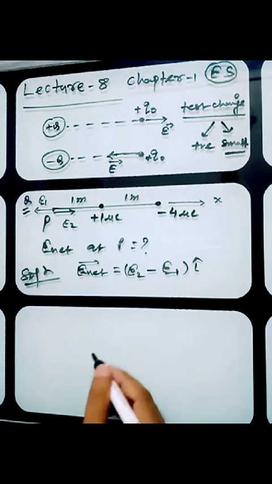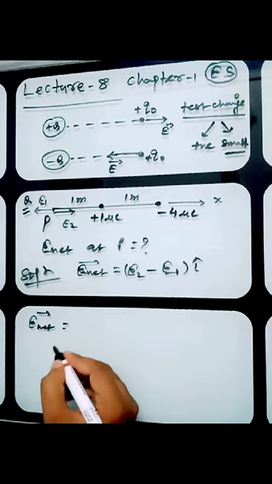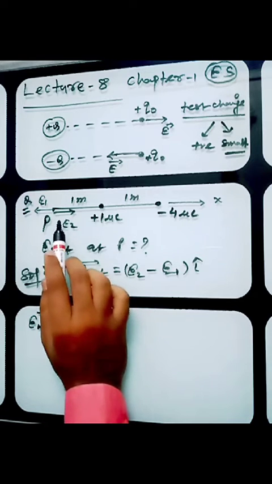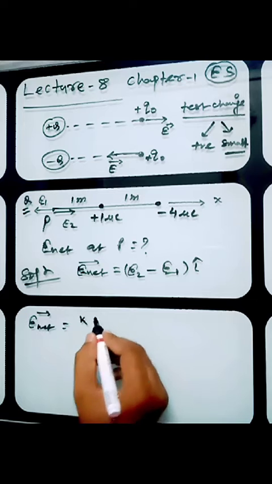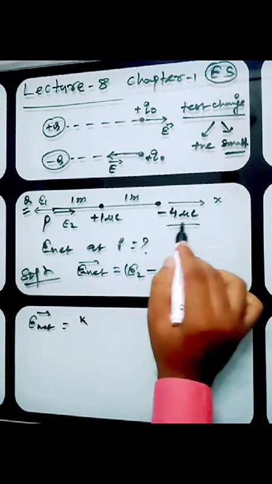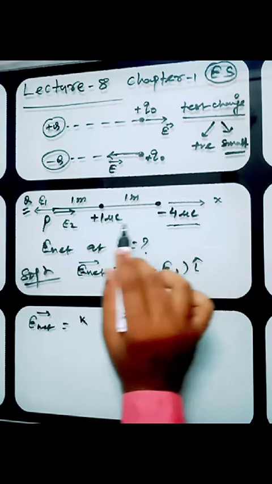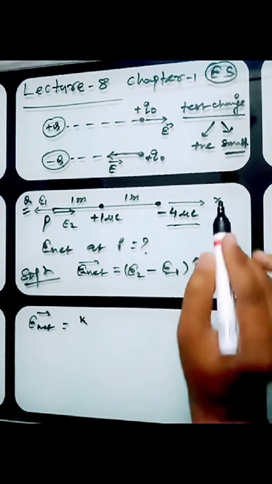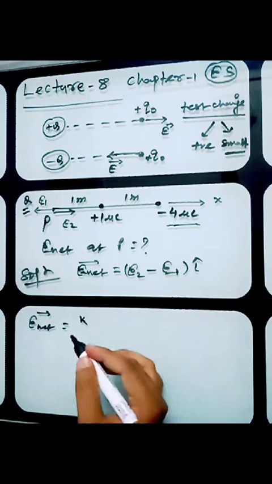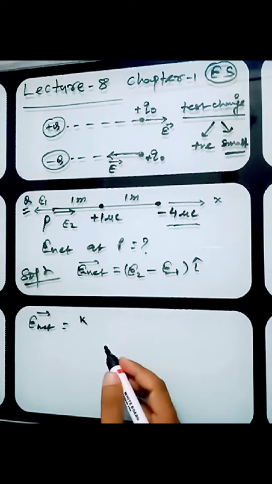Now you can find E2, which was due to the negative charge. So K Q, again you have to take only the magnitude, not the nature. Remember students, as in force, we do not take the nature because nature only gives the direction, and we have already taken the direction. So always use only the magnitude in electric field and electric force.